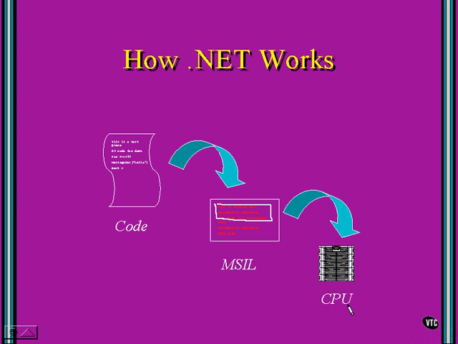Now, when it's ready to be compiled to be used on the CPU, then .NET grabs this function and compiles it down. Now notice this code right here does not get compiled until it's needed. Once it's compiled, future calls to that code cause it to run. So it doesn't have to be recompiled, it just runs without recompilation.